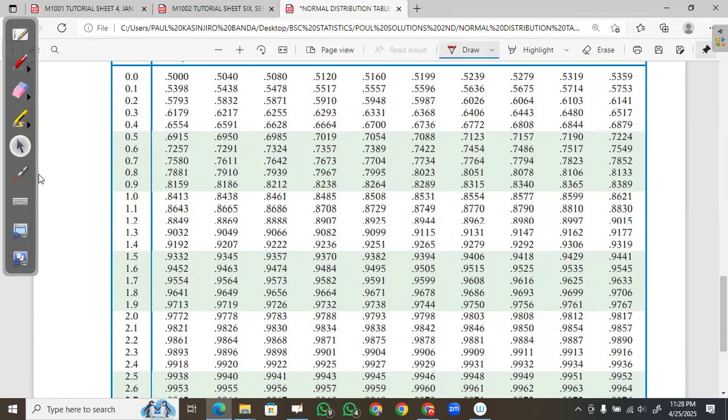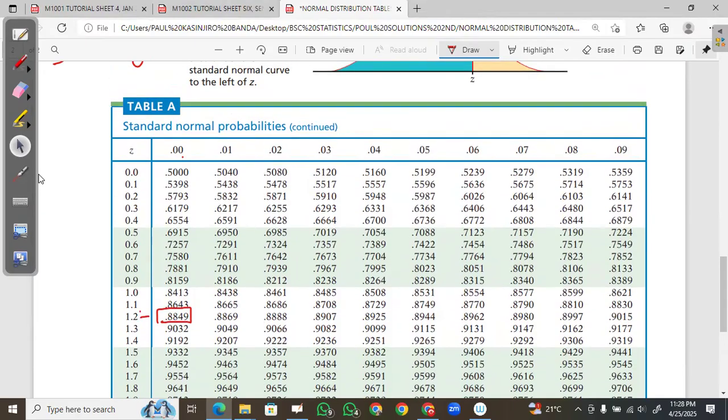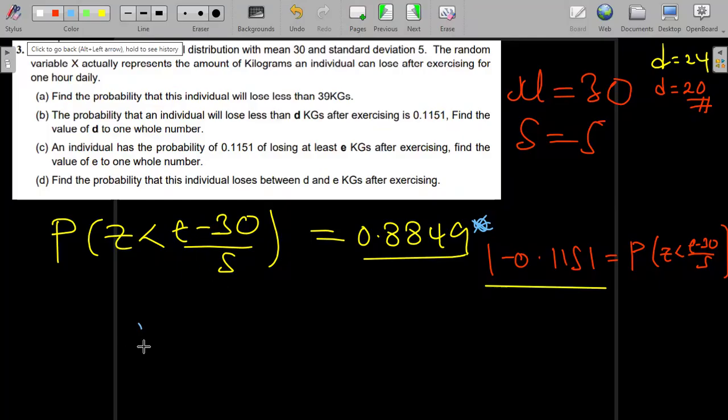Okay, yes, I can see it. That is 0.8849. If I go this side, I'm finding 1.2, and here I'm finding 0.0. If I add them, I get 1.2. So it means (E − 30)/5 equals 1.2.